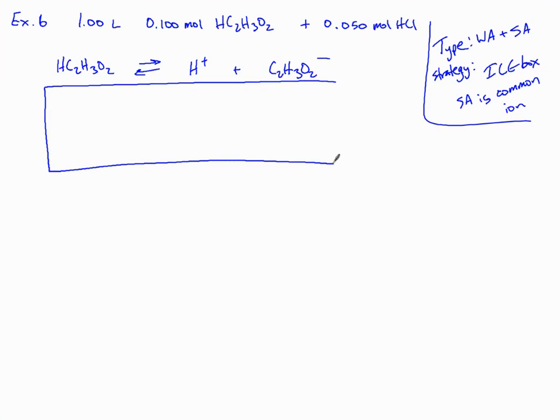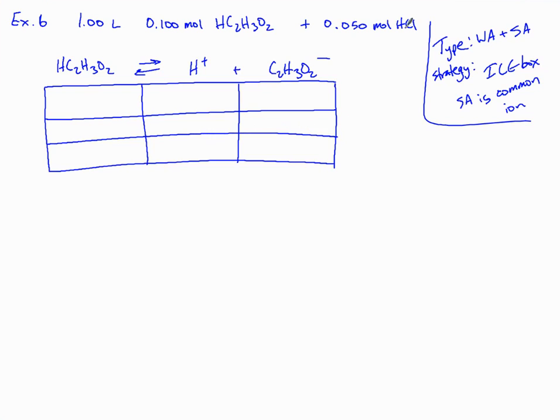Now, the weak acid is the basis for the ICE box because only a certain percentage of the acetic acid will dissolve. We do not want to start with the strong acid because it's 100% dissociation. So it won't be helpful to start with that one.